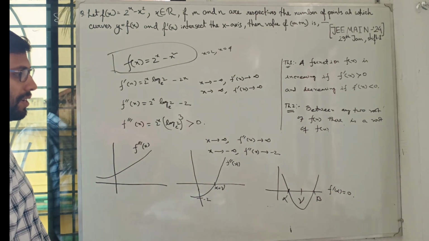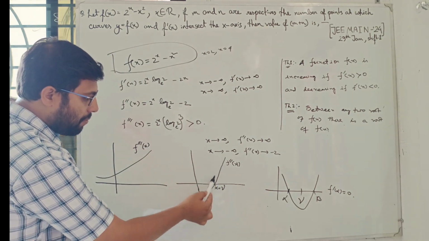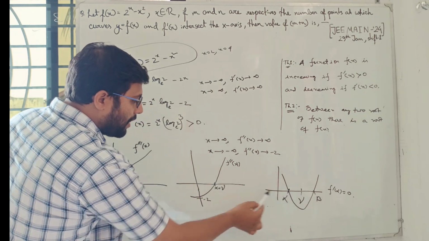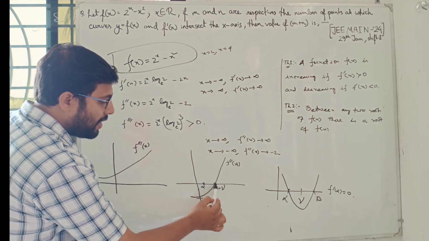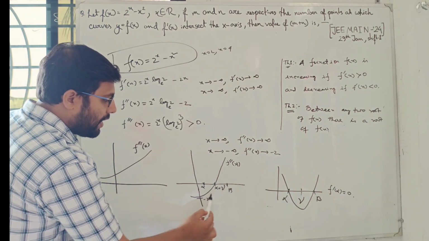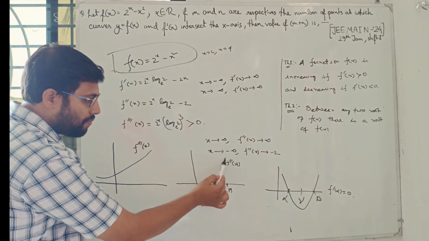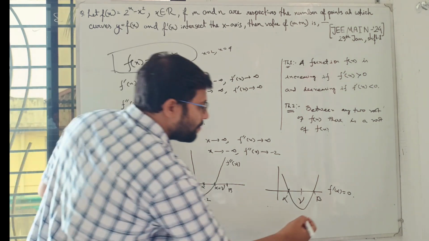Now f'(alpha) is equal to 0. And what is f''(alpha)? We can derive that f''(alpha) is negative, because alpha is on the left side of gamma, so alpha will be here and beta will be here. From this graph we can say that f''(alpha) is negative.